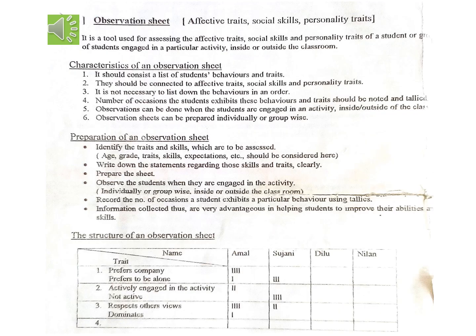Next one, observation sheet or observation schedule. Now we can use this instrument to assess the students' affective traits, their attitudes, emotions, beliefs, values. Those are the affective traits. And also their social skills, how to respect the others in the group, listen to the others, teamwork, cooperation, how to live in a society with a group.